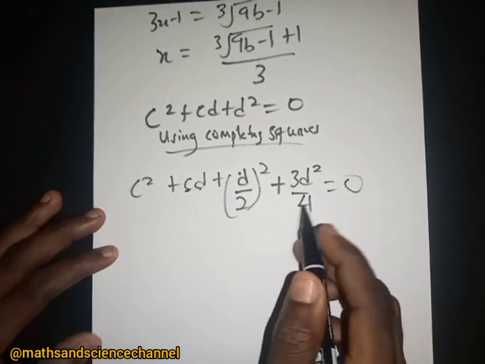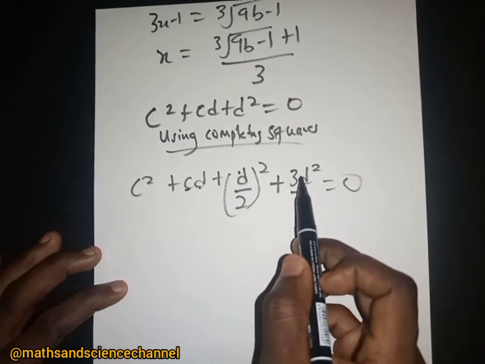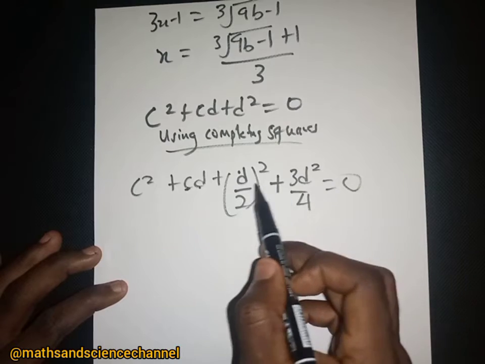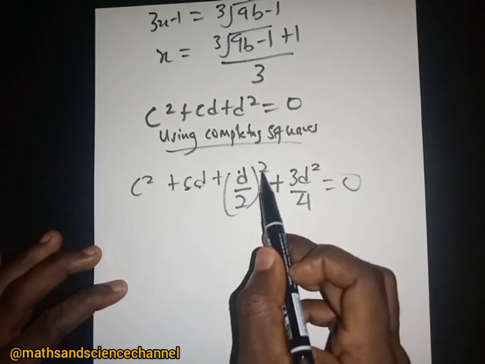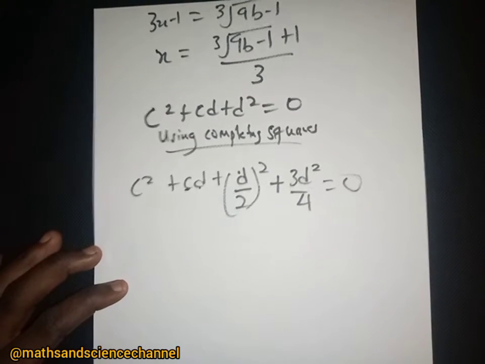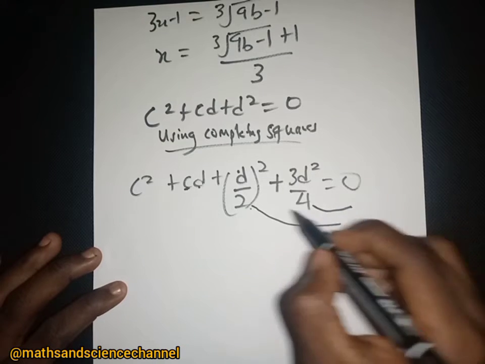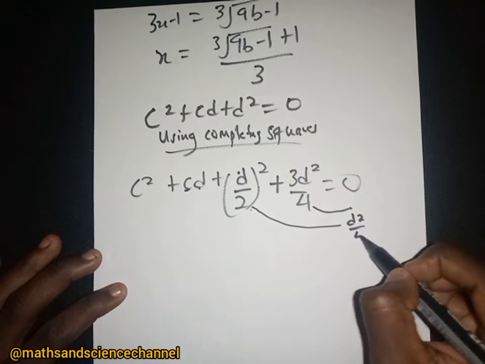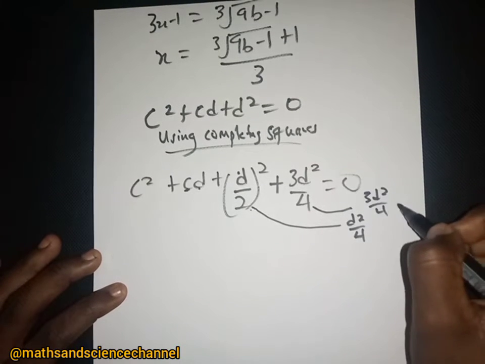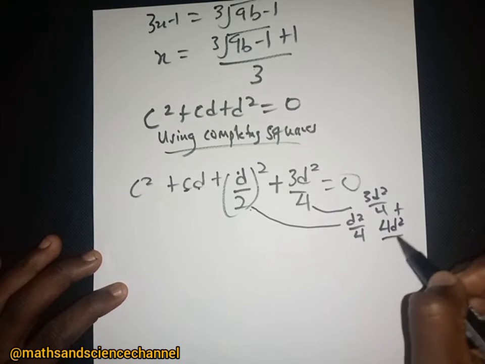Now why am I writing it in this way? If we have d squared over 4, and we put this together with 3d squared over 4, when we add them together we get 4d squared divided by 4.